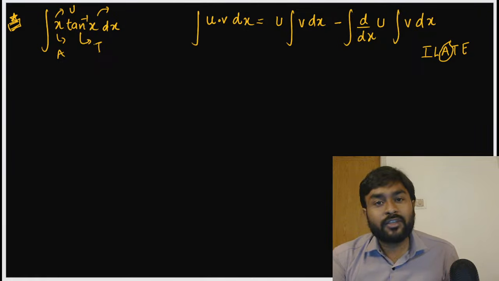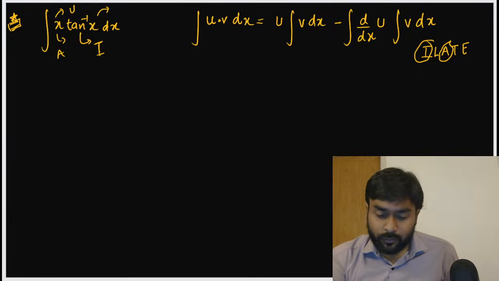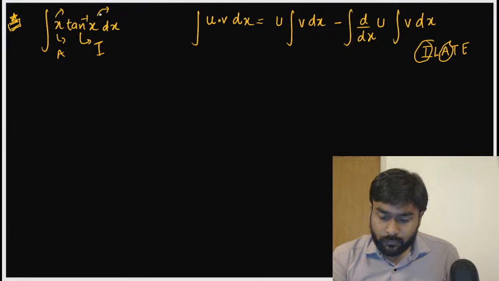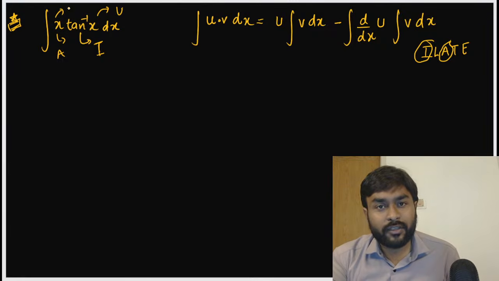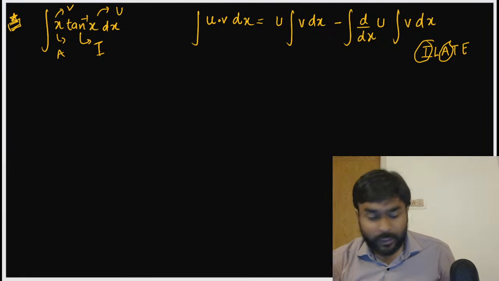So inverse function is coming first, so this we will take as u. Tan inverse x will become u and this will become v. Now we will apply the formula.